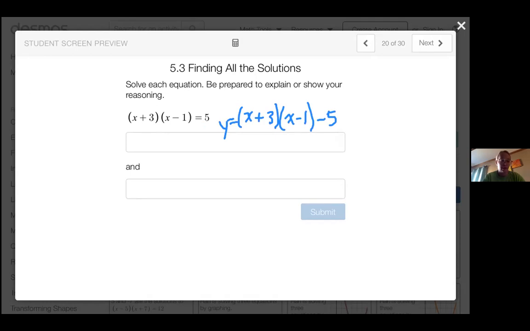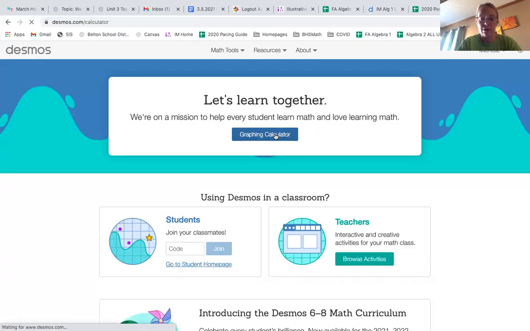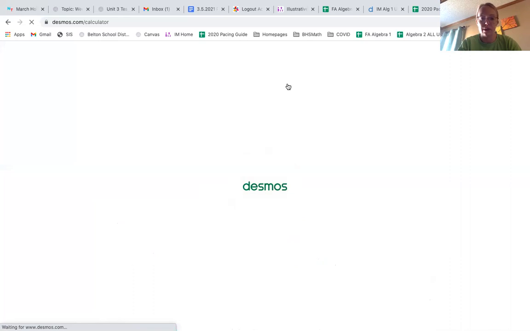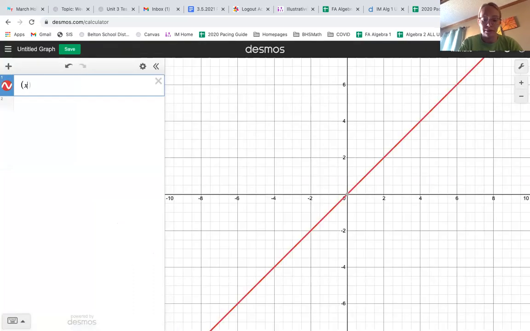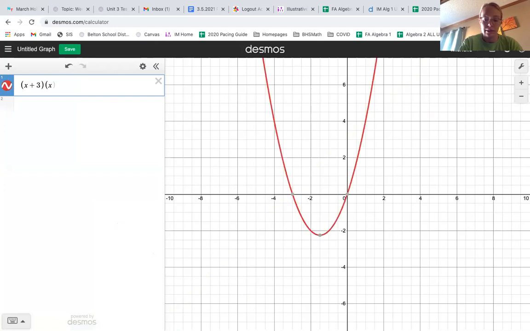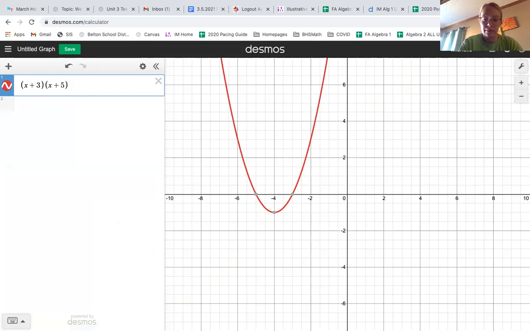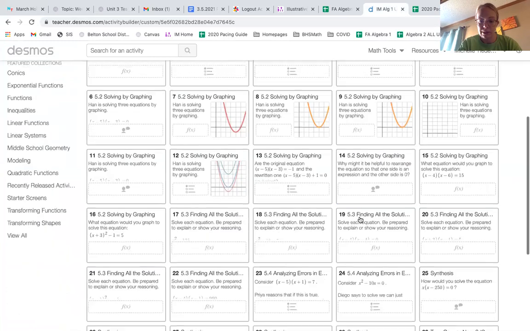x plus 3, x minus 1, x minus 5. So in Desmos, we get a graphing calculator. Just go to desmos.com. From here, you would type in x plus 3, x minus 1, minus 5. Okay, I need to go back to that slide.